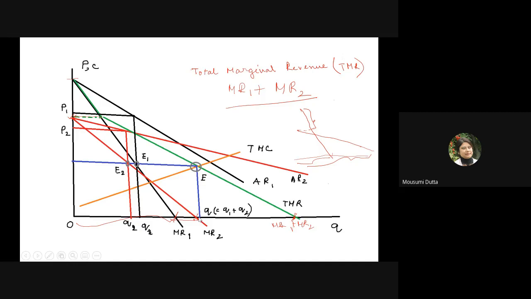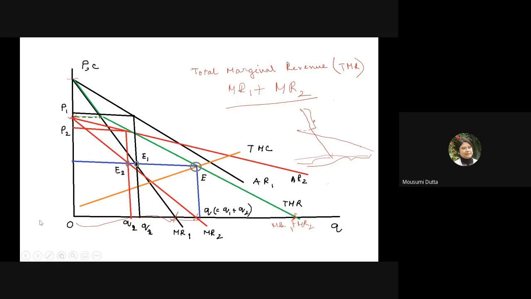Okay, finally, what we are finding is that for the market where the demand is comparatively inelastic, price is higher. P1 is greater than P2. Okay, and E1 is less than E2. E1, it is steeper. E1 is less than E2.